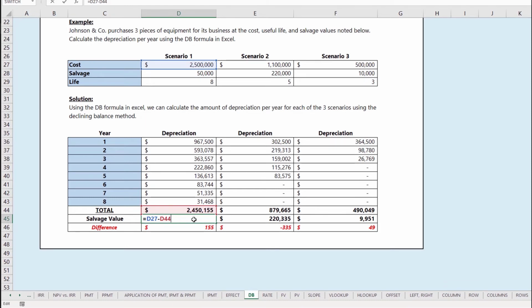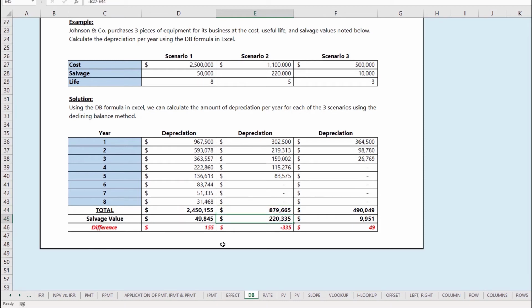If we look at scenarios 2 and 3, we can similarly calculate the depreciation using the declining balance depreciation method in Microsoft Excel. In scenario 2, there's only 5 years of depreciation, and in scenario 3, there's 3 years of depreciation. If we take a look at the total depreciation for scenario 2, we can see that's equal to $879,665.